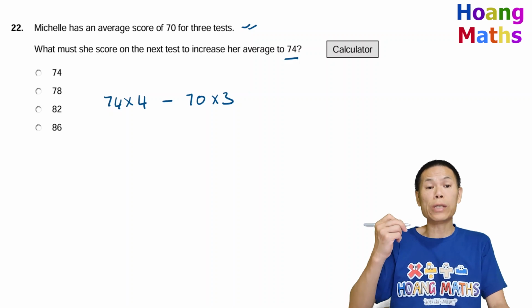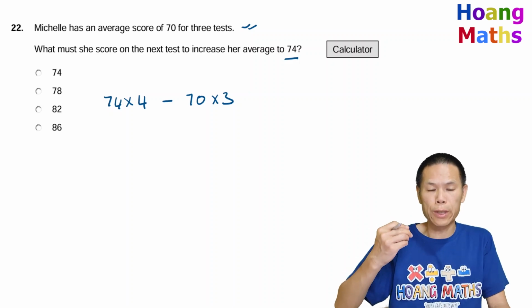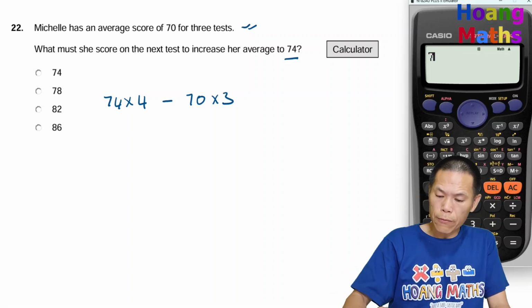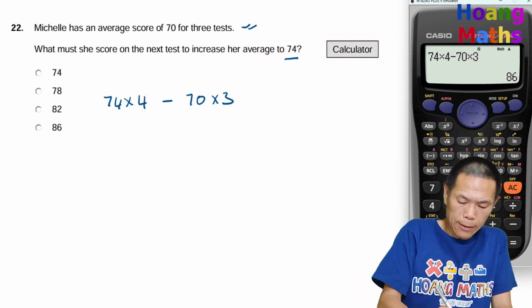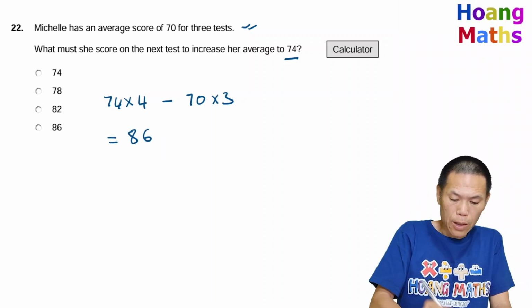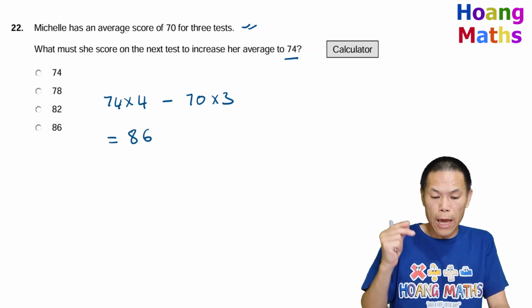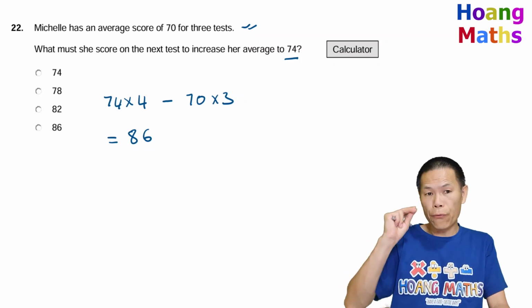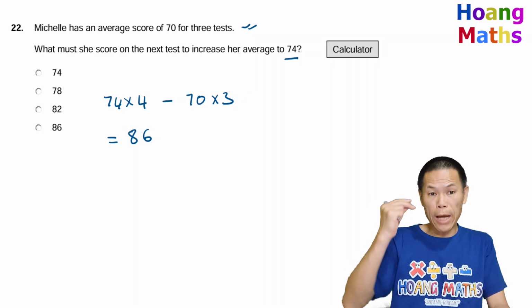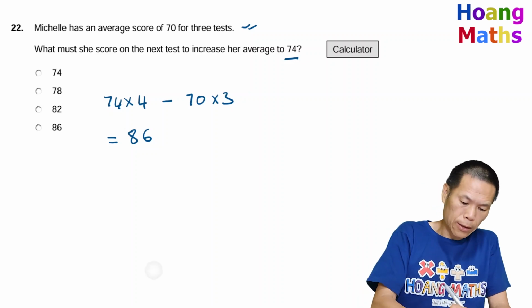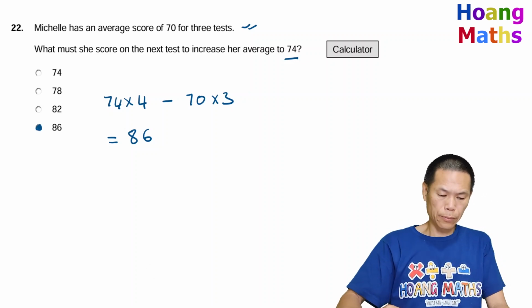I just go 74 times 4, and we minus 70 times 3. So 86. So that is her fourth score. So in order to increase the average to 74, her fourth score must be 86. There you go.